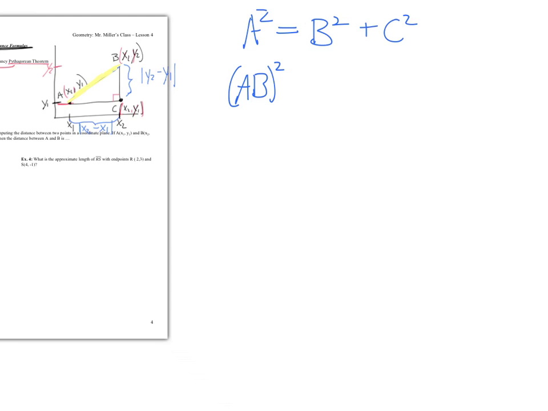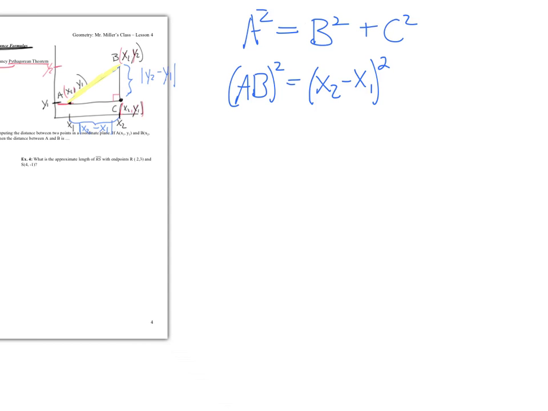So the yellow line is replacing our a squared. Equals b squared. Well, b squared is one of our sides. It's one of our x values. So I'm going to go ahead and let it be the bottom one, but it could be the top one. And b squared is going to be my x2 minus my x1 squared.